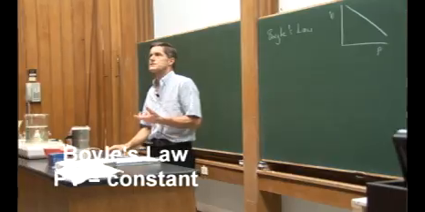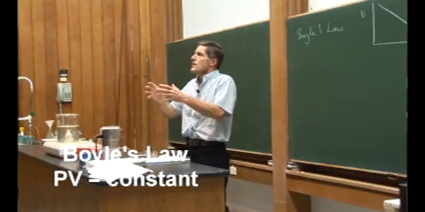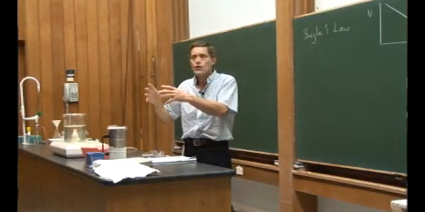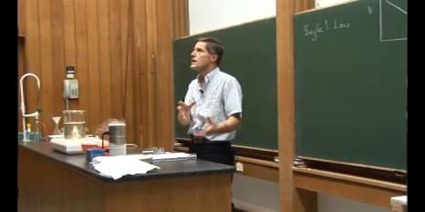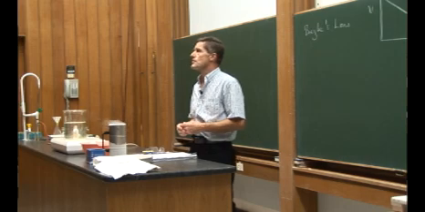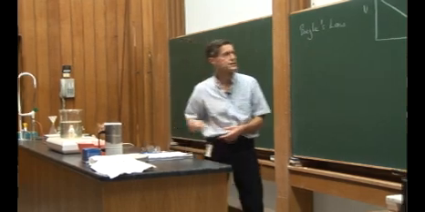And what that means is that if we know, let's say, the volume of a gas under certain pressure conditions, we can calculate the volume of the gas under different pressure conditions.